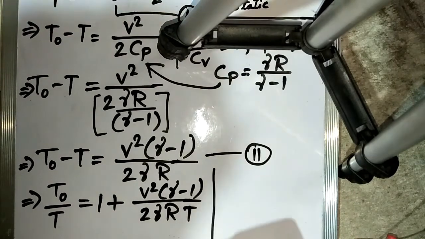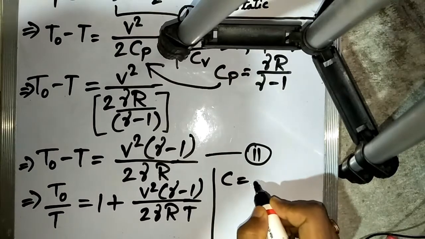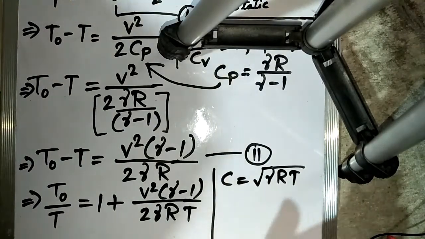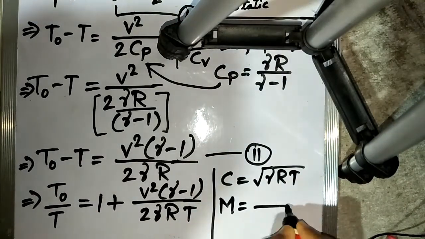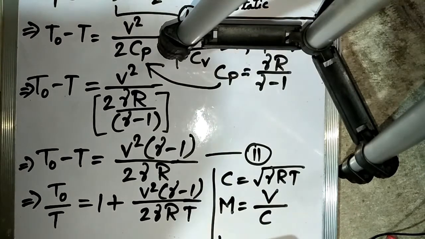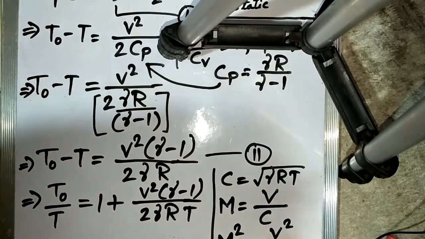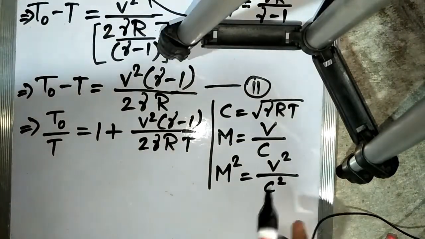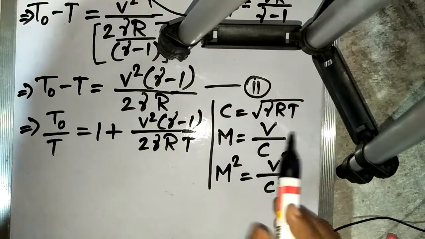We have already derived that the sonic velocity c equals root over gamma RT, and we know that Mach number M equals V by c.